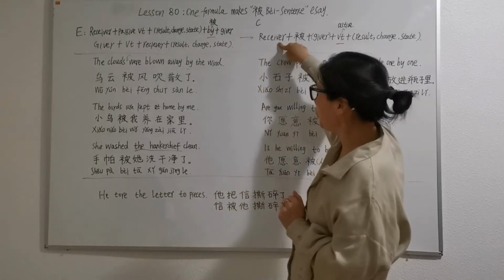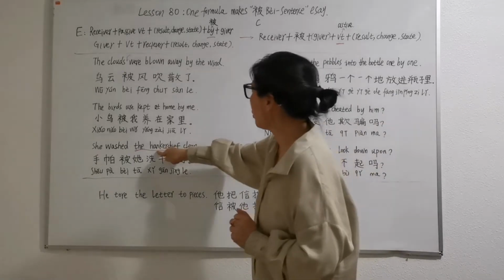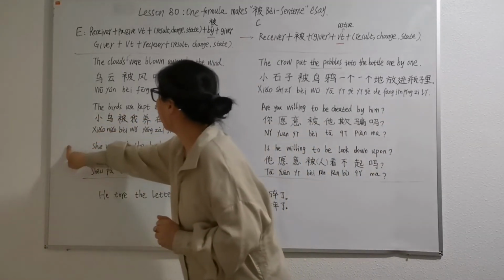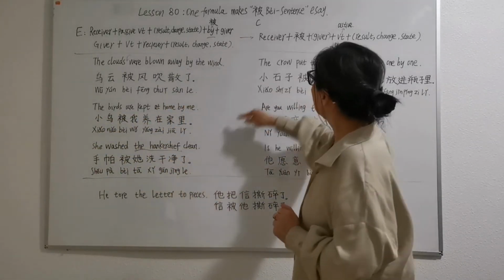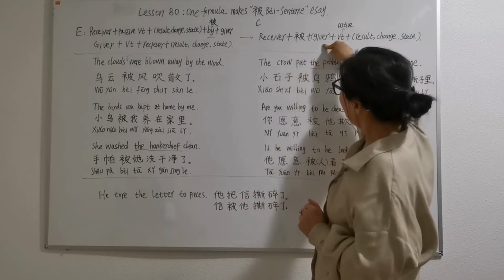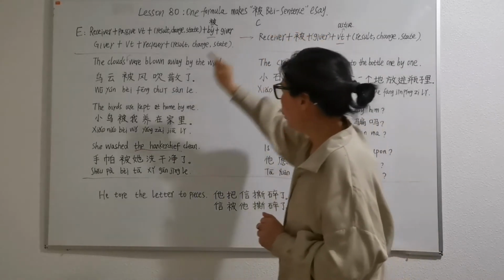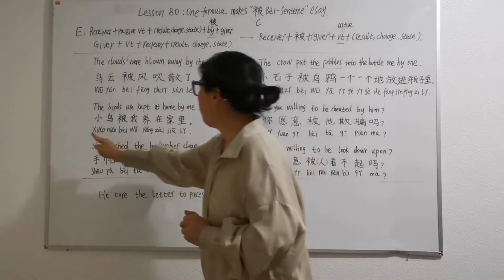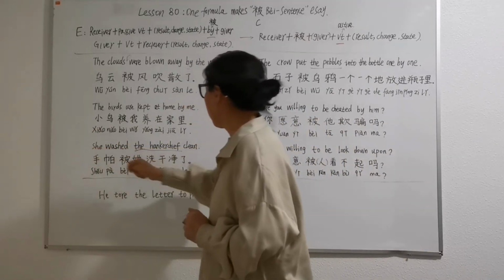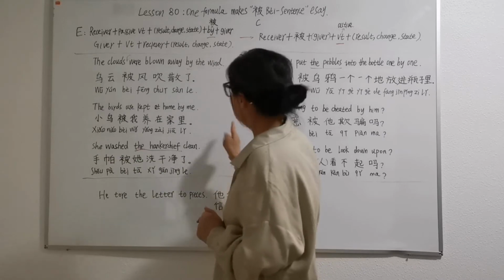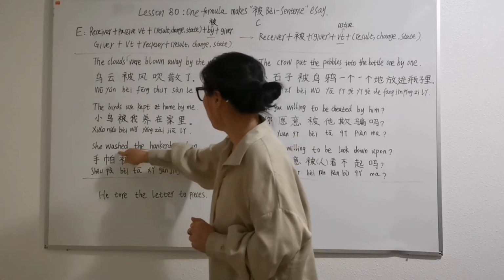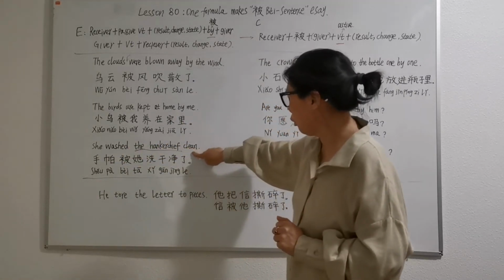Look, receiver, the handkerchief, at the beginning, then 被 giver follows the receiver, 被她, then the verb washed, then the result.